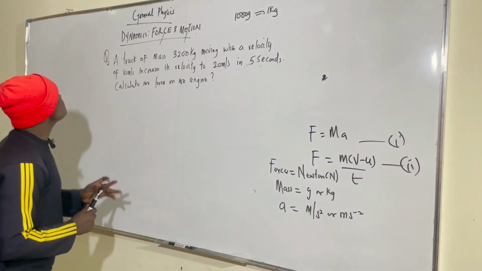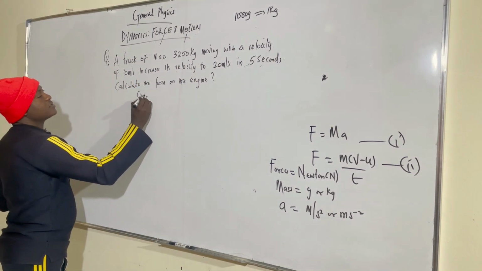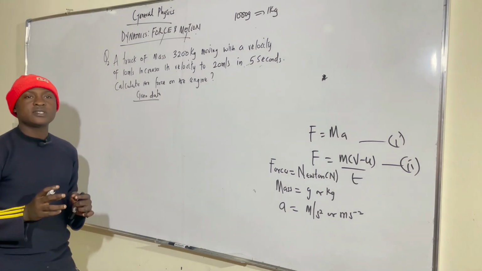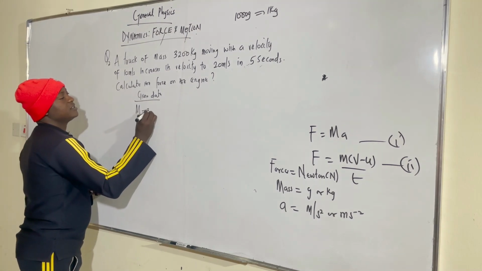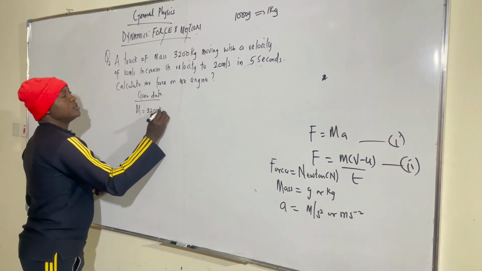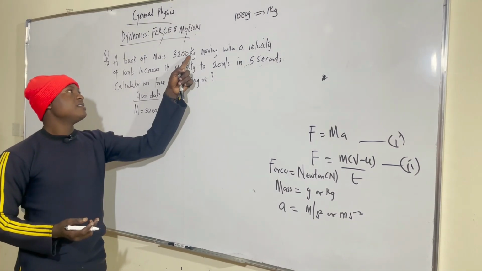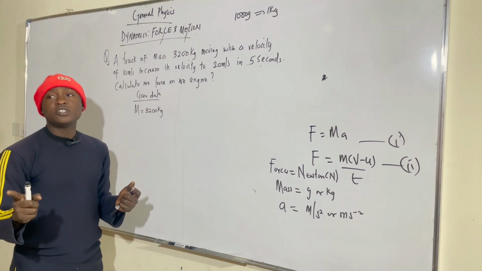So now let's take a look at this. Let's write the given data out first. They said a truck of mass 3,200 kilograms. So meaning our mass is 3,200 kilograms. Do we need to convert the mass here? No, of course, because the value of mass is in kilogram. But assuming, as I told you earlier, if your mass is in gram, what do you need to do?